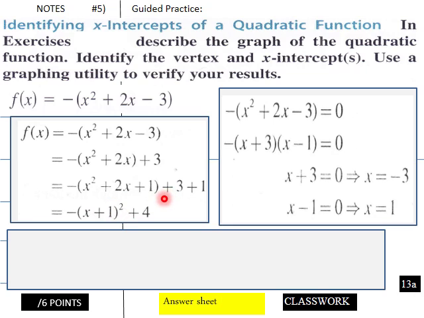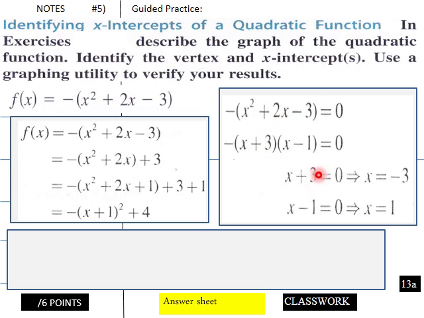plus 4. So when we have that, when we combine our like terms here, -x plus 1, and then we move inside here our 4, we get this quadratic here, negative of x squared plus 2x minus 3, and then we factor this into x plus 3, and then x minus 1, and then x plus 3, the inside here has to equal 0.